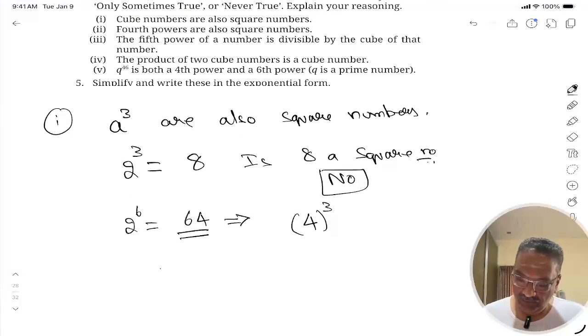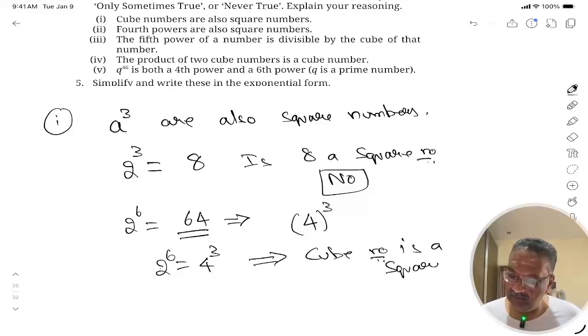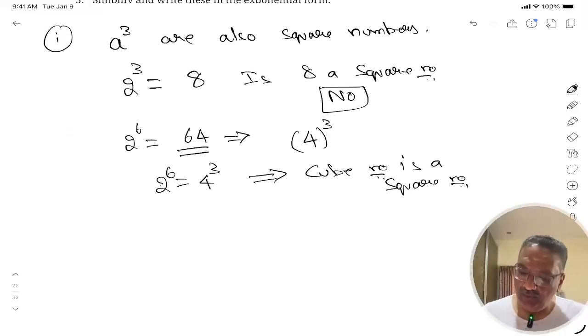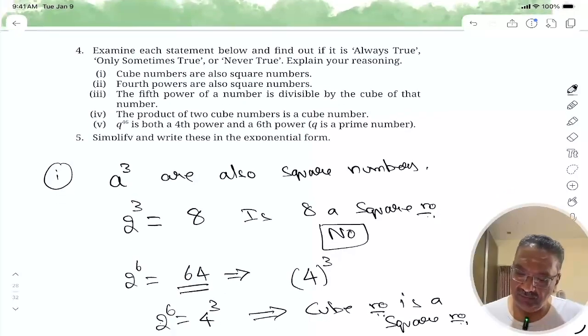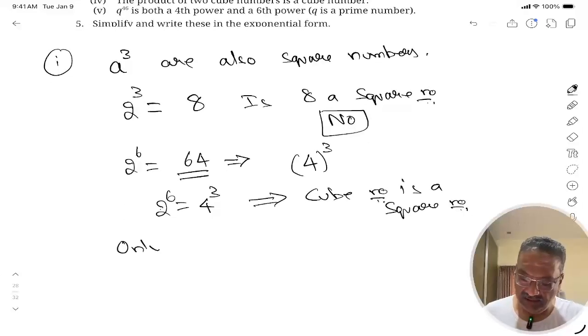So we have 2 to the power of 6 is equal to 4 to the power of 3. So in this case, a cube number is a square number, right? So always is not correct, never true is not correct. So only sometimes true is the answer.